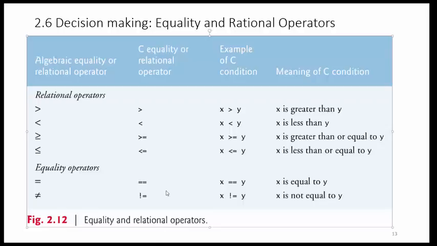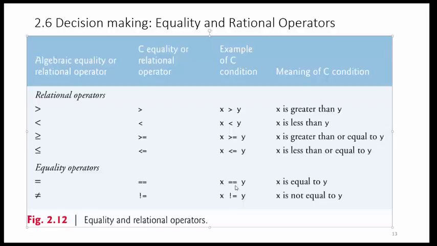If you want to test if two items are equal to each other, it's not an assignment. You're going to test if two things are equal. You're going to type equal equal, because it's a test. If x is equal to y, for example, that's a test. It's not assignment. I can say x equals y, and then x will get assigned the value of y.